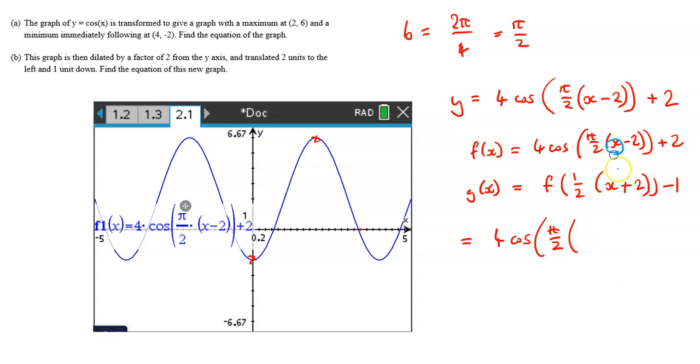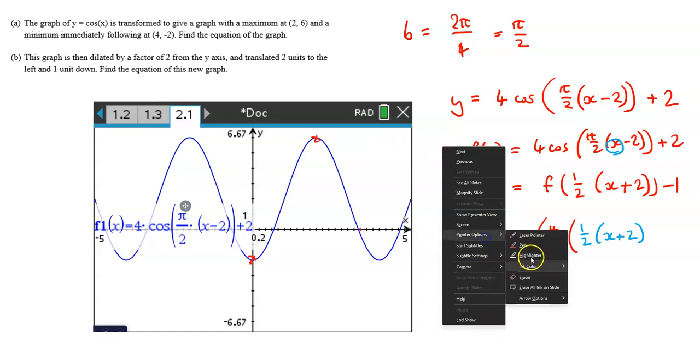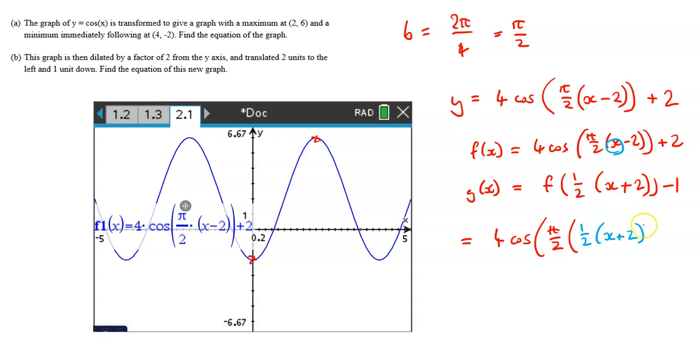I'm replacing the x here with a half x plus 2. Brackets, and then that's going to be minus 2. Then we have plus 2 on the outside, and then minus 1. So that plus 2 was the thing here, minus 1 is there. So now we just have to expand the bracket.